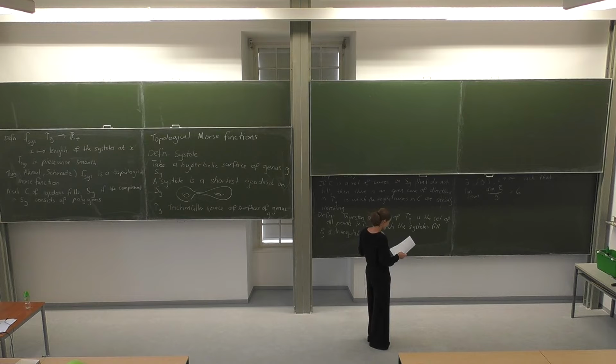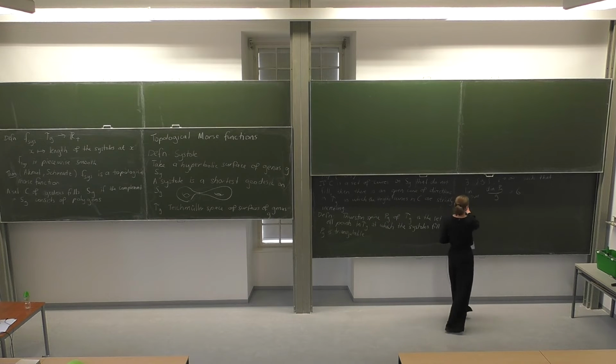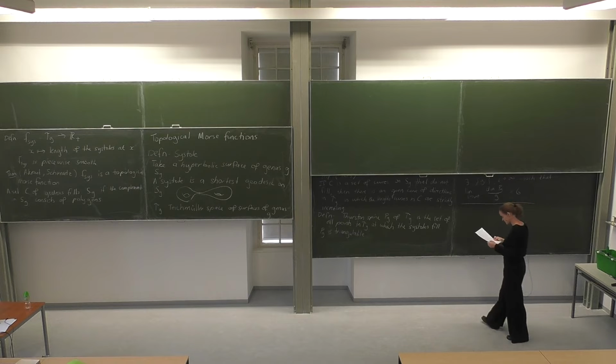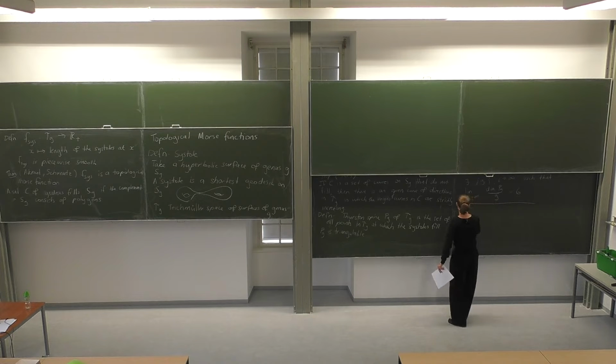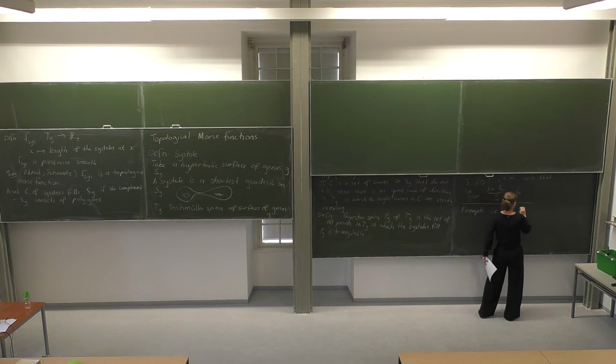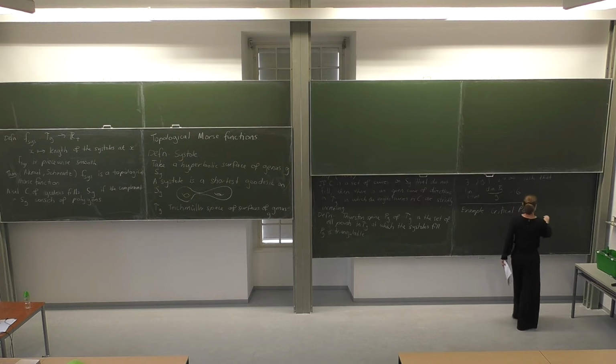Okay, so one example that I want to give of a critical point is the Bolza surface.